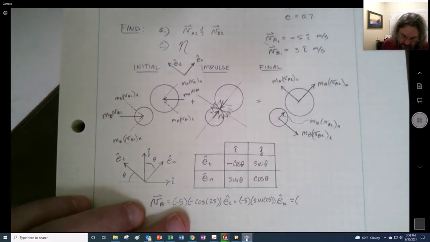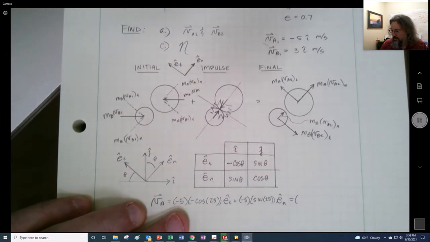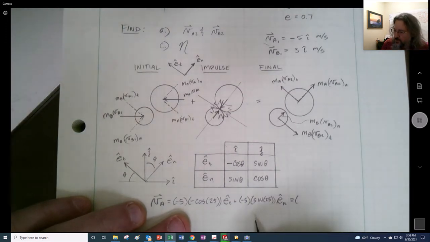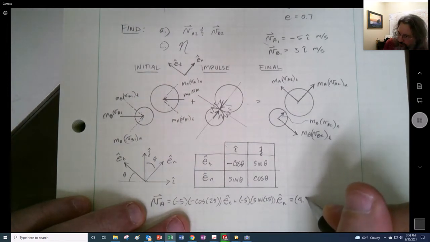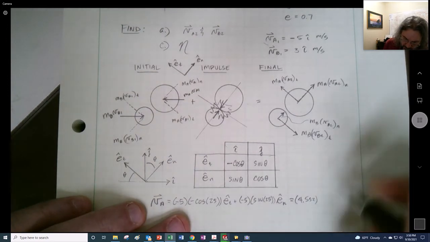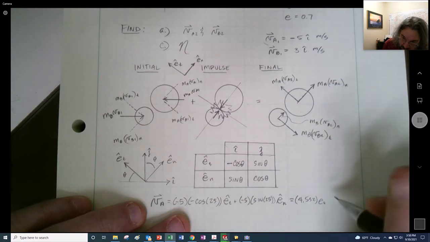We're going to take a negative 5 and try to figure out where I did with the thing. Okay, there I did. I also made this in Excel, so I'm just checking all of my numbers here. So in the tangential direction, I think it's going to be 4.532 et.